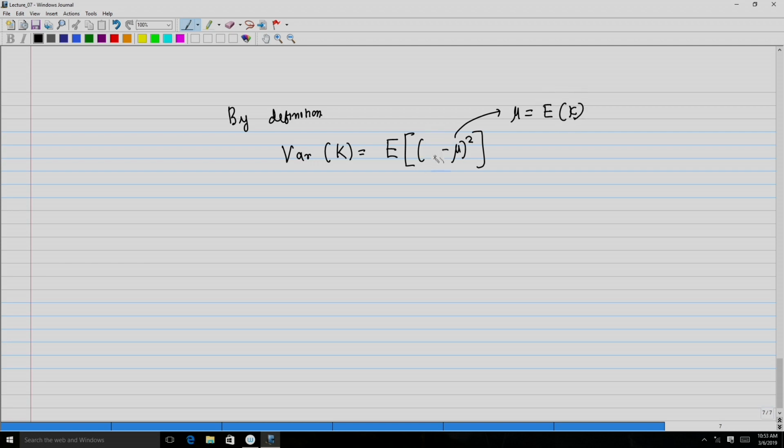So, this should actually be k, and this can be written as E of k square minus mu square, using properties of variance. So, what have we defined now?